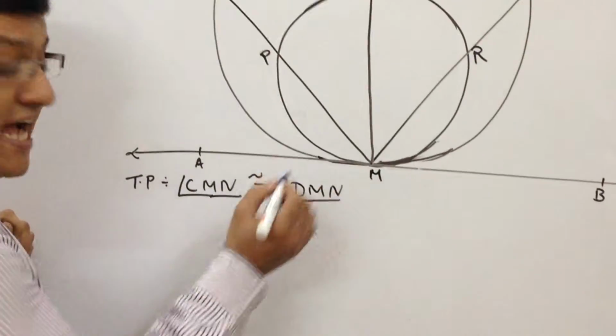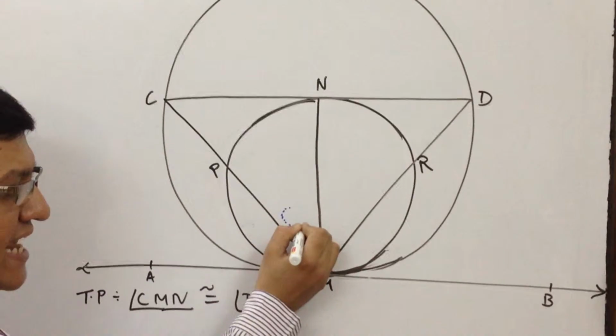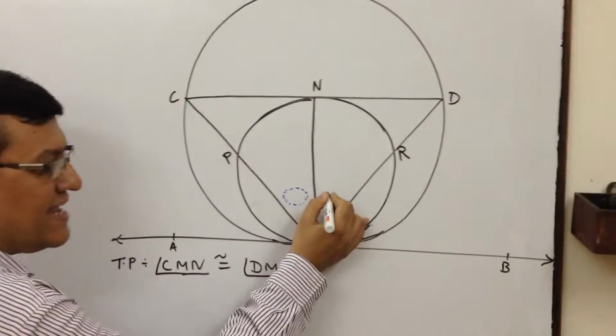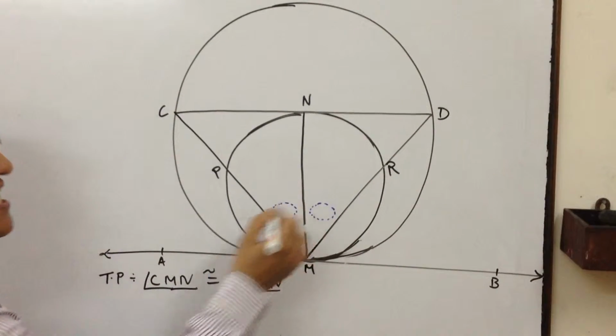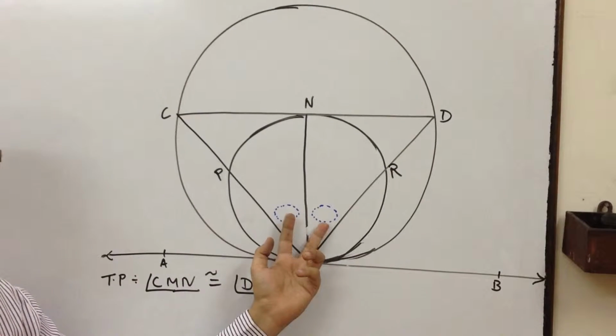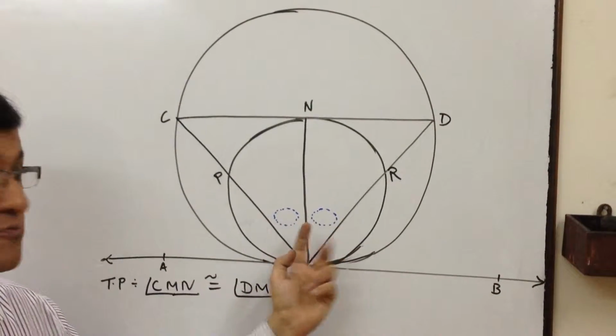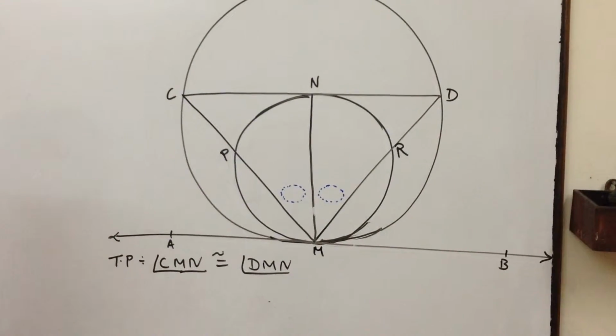So what am I doing, students? I am just highlighting these with dotted circles: angle CMN and angle DMN. These are the two things I intend to prove. Now we start off with it.